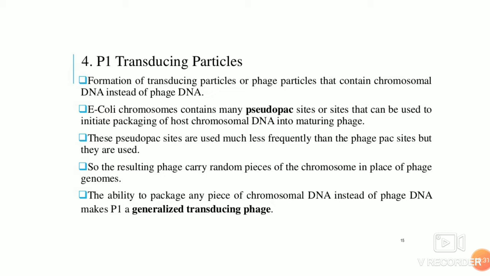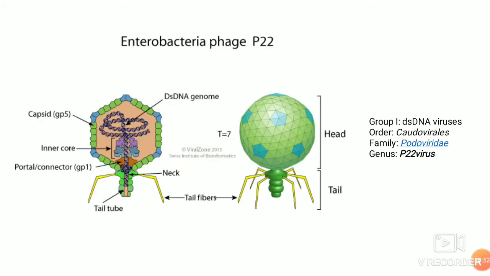So the resulting phage can randomly take a piece of the chromosome in place of the phage genome. This ability to package any piece of chromosomal DNA instead of phage DNA makes P1 a generalized transducing phage. So that was about P1.